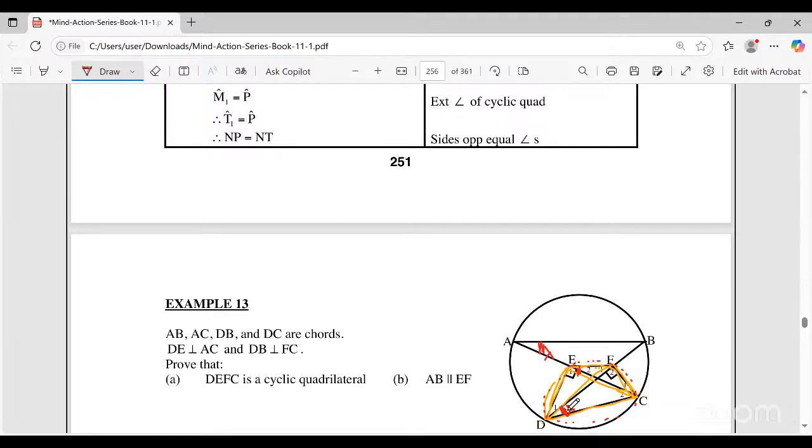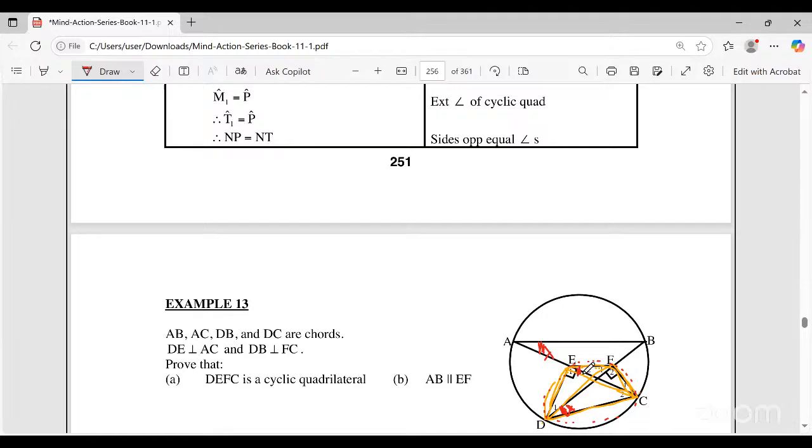I'm saying we said this angle is equal to that angle in a bigger circle, reason being angles in the same segment. In this small circle, we proved that DEFC is a cyclic quad. We said this angle here, D2, will be equal to that angle there, E2, right?